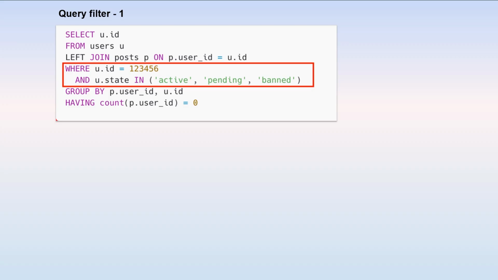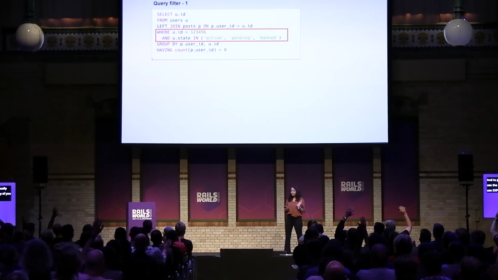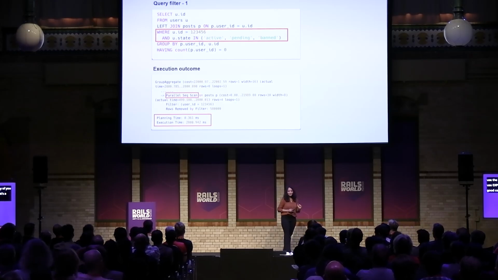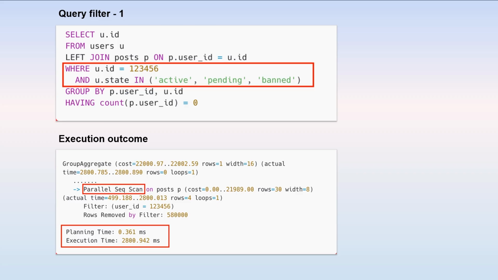How many of you use explain analyze in Postgres? That's a good count, yeah? When I looked at the explain analyze, you can see the execution time is 2800 milliseconds, and it is doing a parallel sequential scan.